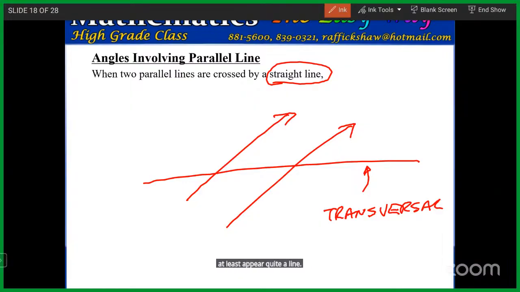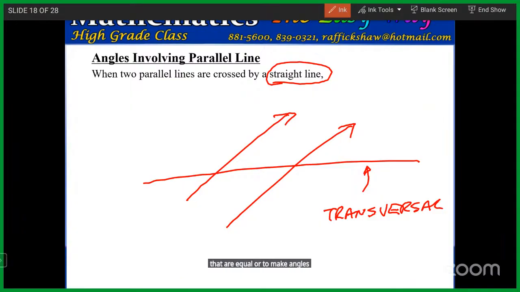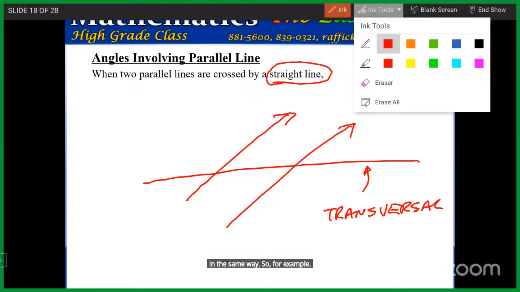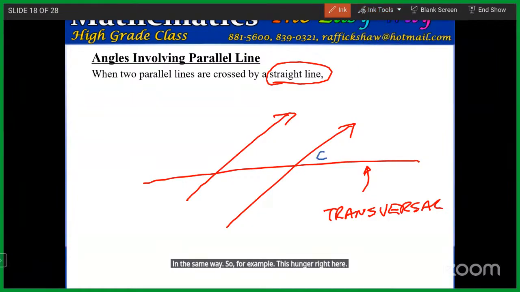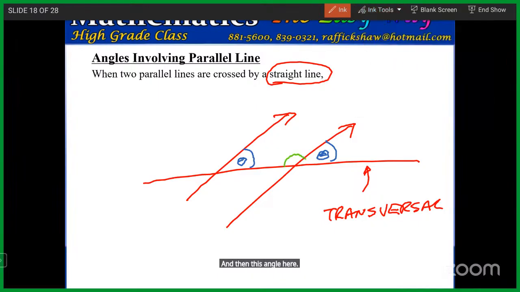That line will make angles with those two lines that are equal. For example, this angle right here that it makes with the transversal is the same as this angle right here that the other parallel line makes with the transversal. And this angle over here is the same as this angle over here. Those angles are called corresponding angles.